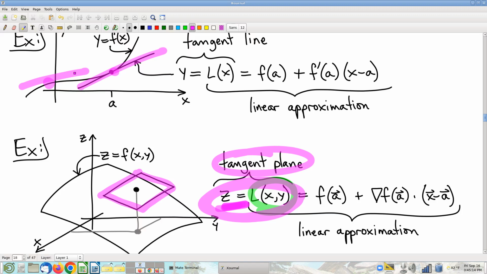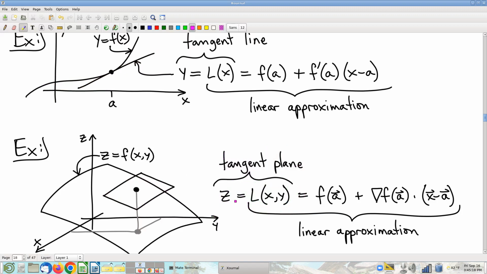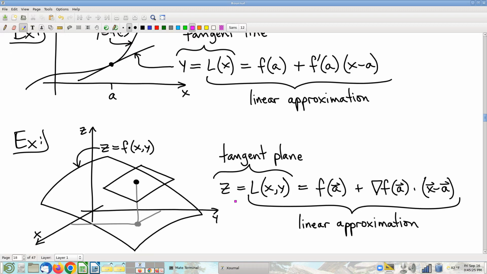Yes? I just wanted another clarifying question. Yep. So the tangent plane is like the plane for the tangent lines in all of the directions at a certain point? Yeah, I mean, you can think of it that way. I think it's simpler to say it's the graph of the linear approximation, right?